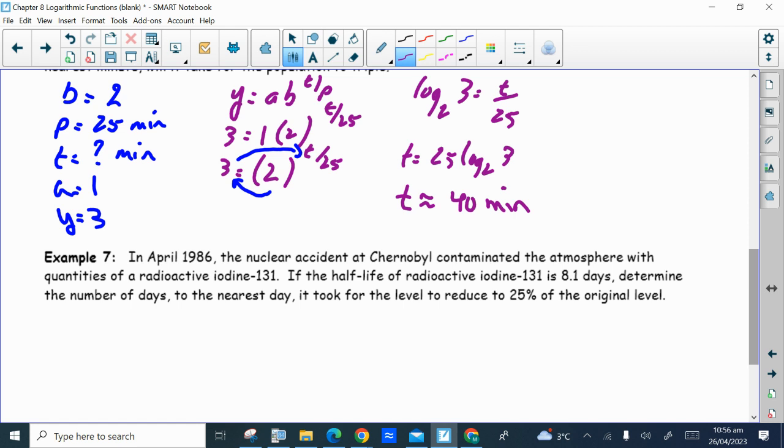And to this day, it's still a dead zone. Okay? People that lived close to there died. Some of the people that survived, they had effects that they're still suffering from. Children that were born as a result of that, because their parents were contaminated, were born with deformities because of it. Animals died. Animals were born with deformities.